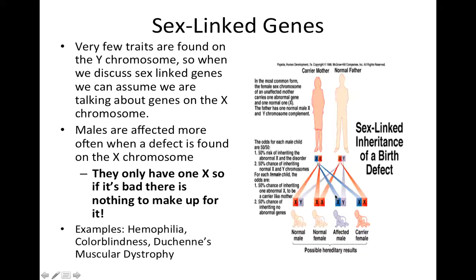So half of the males born from this couple will have this disorder, whatever this disorder is. And the females born from this couple, half of them will be carriers. Out of 4 children, you could have a normal male, a normal female, an affected male, or a carrier female. But only one of their 4 children will actually be affected by this disorder.